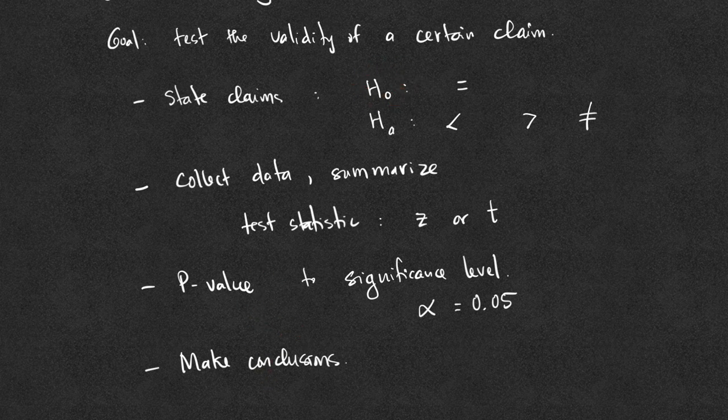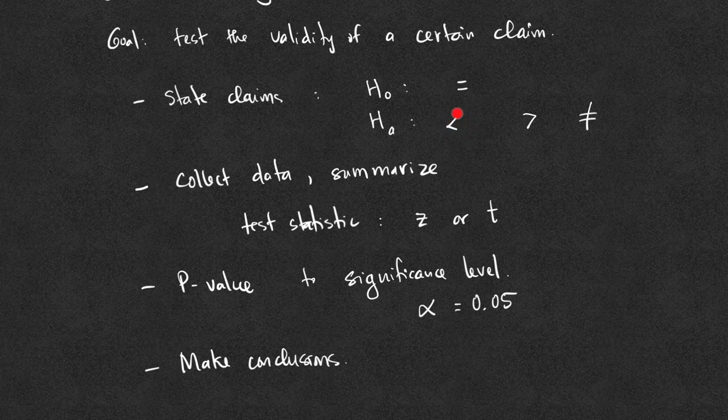At first, we assume that the null hypothesis is true, and we find evidence to either reject or fail to reject the null hypothesis. That doesn't mean that the alternative hypothesis is not important. Once we know whether we reject or fail to reject the null hypothesis, we can make proper conclusions for the alternative hypothesis as well.